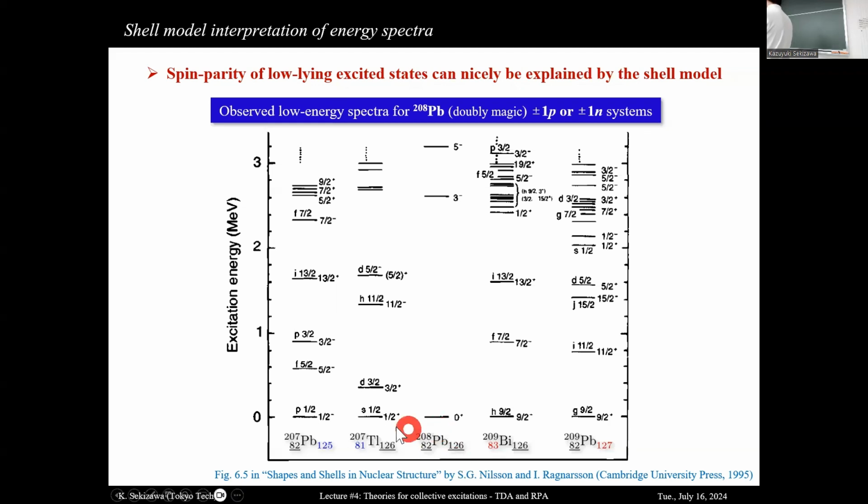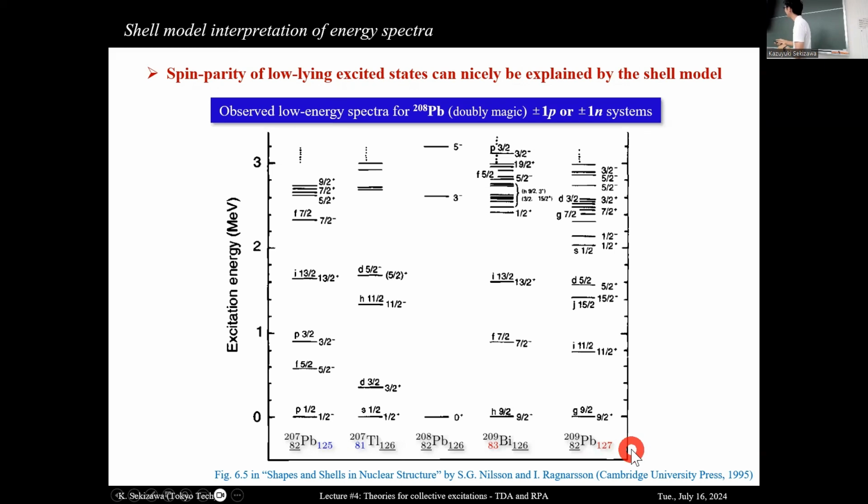But on the other hand, for those odd mass nuclei with one neutron or one proton added to or removed from the closed shell, you can see various excitation modes with low excitation energies. Those energies and spin parities can be understood nicely based on the shell model.